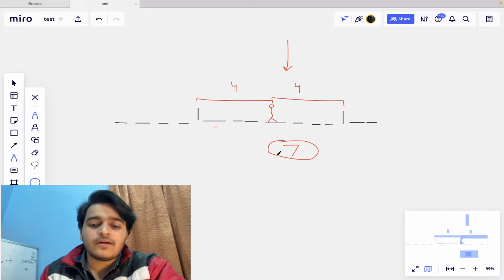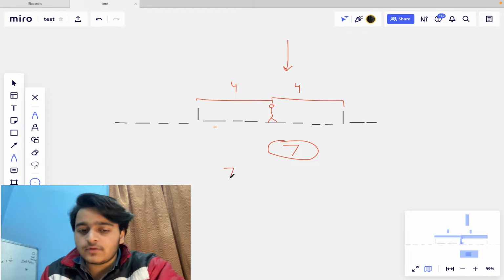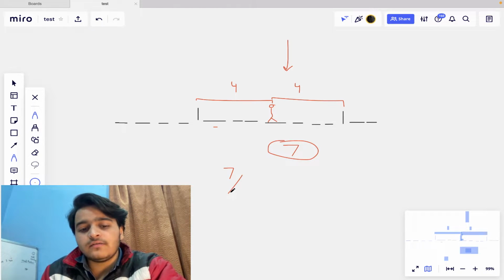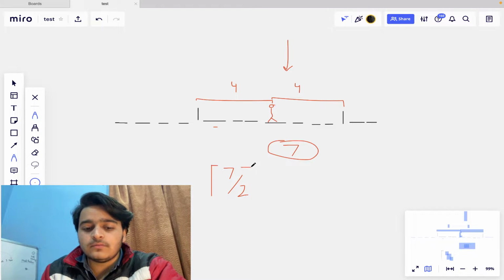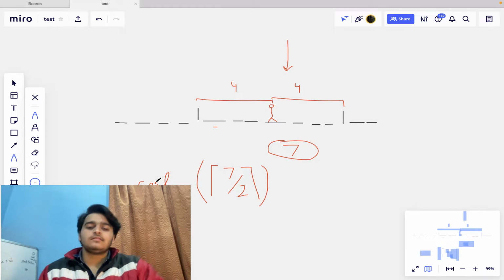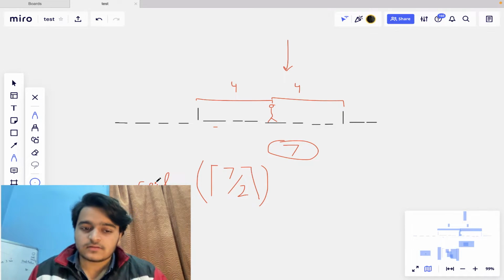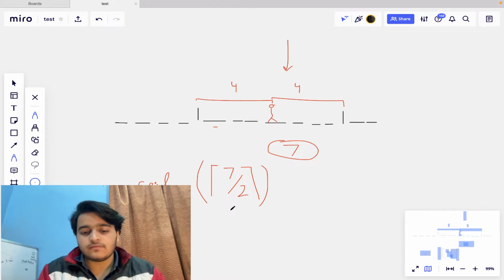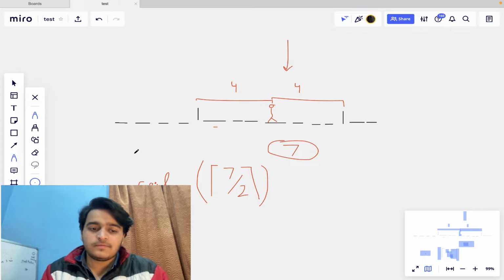This can easily be found out: if there are any number of empty seats between two adjacent people, we can always take the ceil of the number of empty seats divided by 2. The ceil function gives the smallest integer greater than or equal to the given decimal. So 7 by 2 is 3.5, and by taking ceil the answer will be 4.